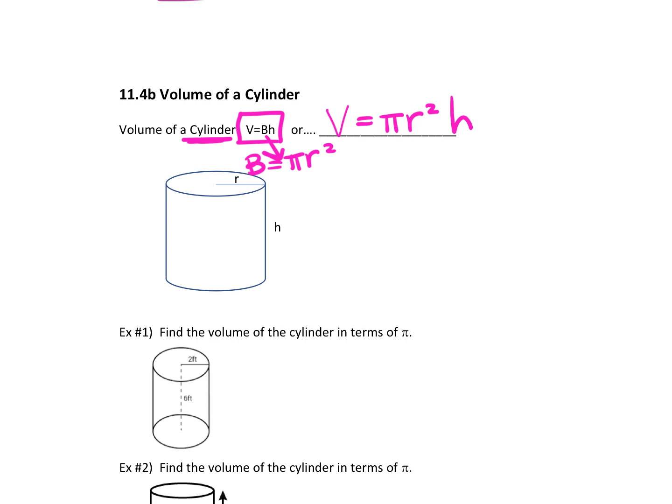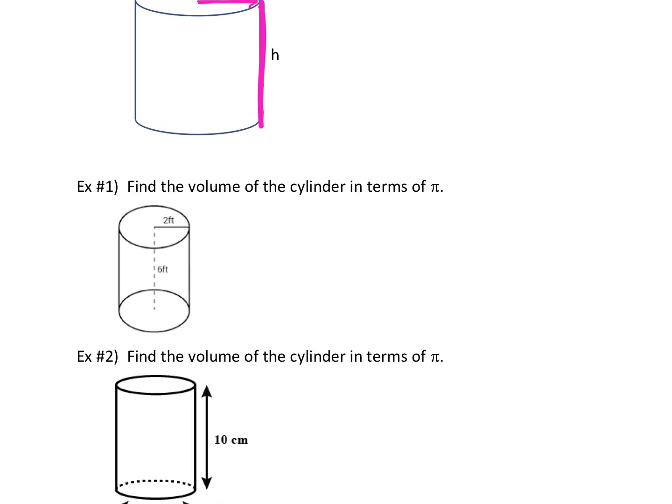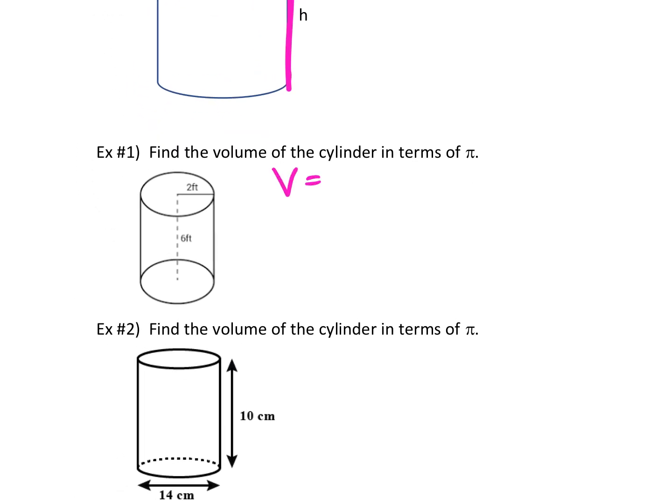Okay, so here's the deal. If your volume formula is pi r squared h, then you're saying pi times the radius squared times the height. So you only need those two things to find the volume of a cylinder. So look at this first one. Volume is pi r squared h, and I will give you that formula, okay?